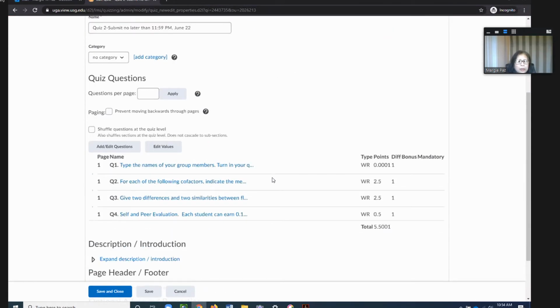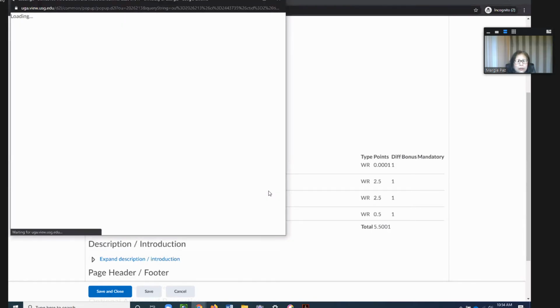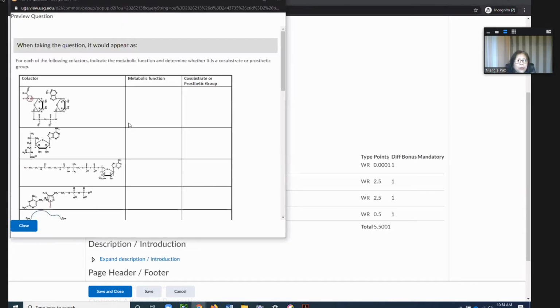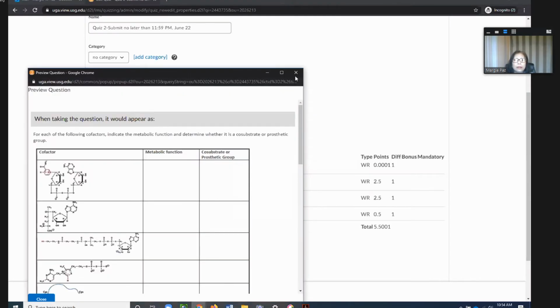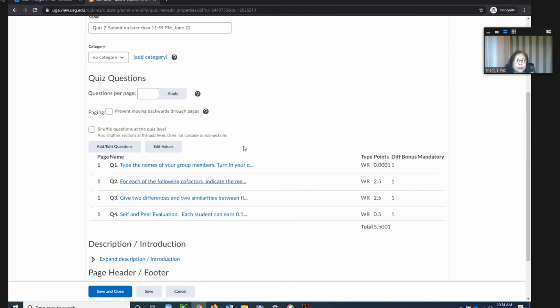This quiz covers chapter 7. You're given different structures, and you're asked to give the metabolic function and identify those as cofactors, co-substrates or prosthetic groups. All right. And there is another question here.